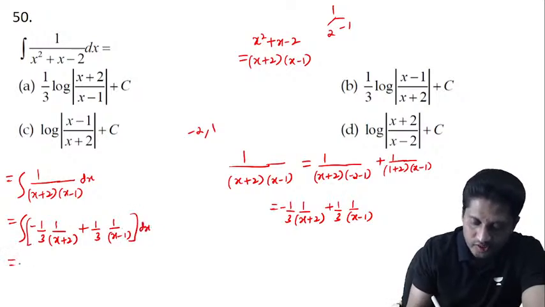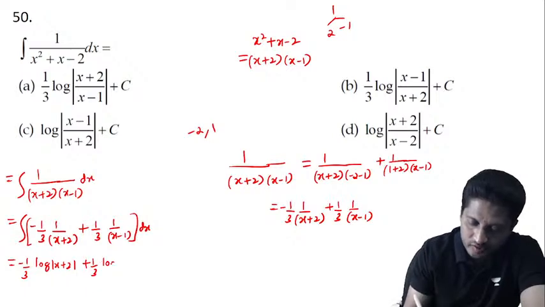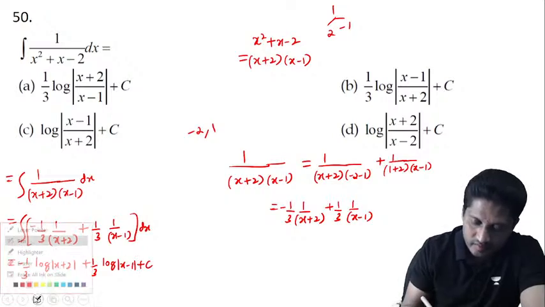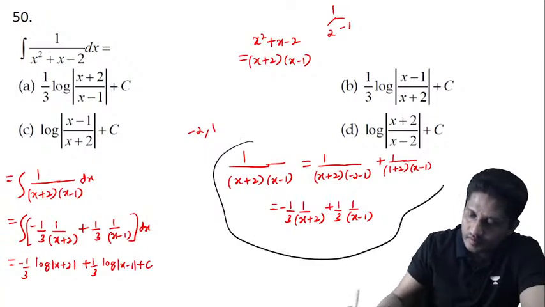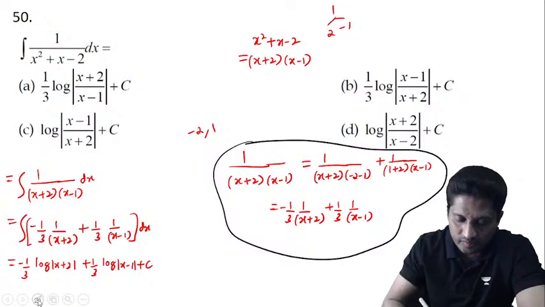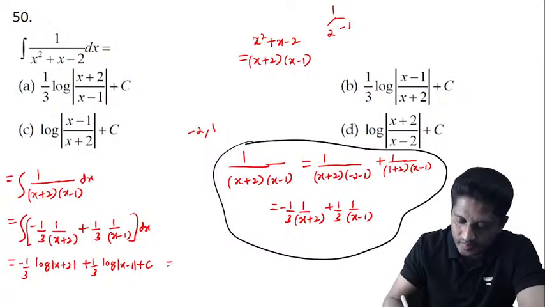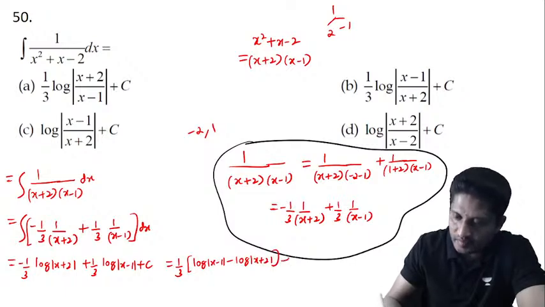So this is minus 1 by 3, integration of 1 by x is log x, plus 1 upon 3, integration of 1 by x is log x, you get log of x minus 1, and plus c. Now if I take 1 by 3 common, you get log of x minus 1 minus log of x plus 2, and then plus c.